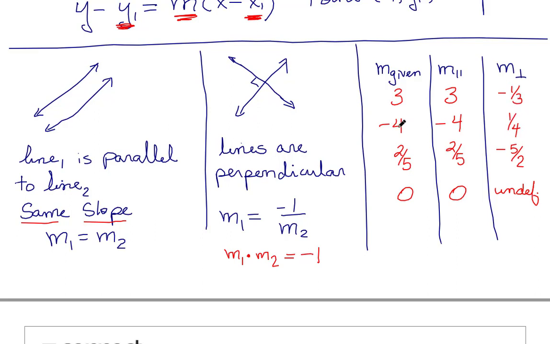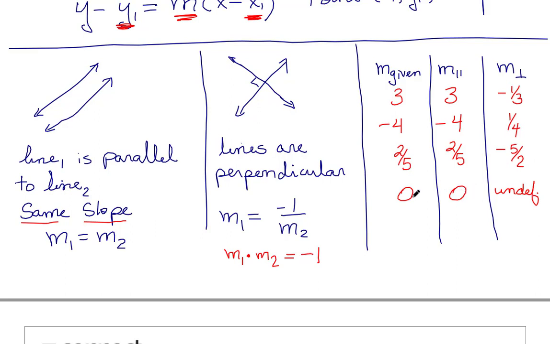If we had -4, parallel would be the same, -4. Perpendicular is the negative, so negative of a negative is a positive, and it's the reciprocal. If we had a line with a slope of 2/5, parallel is 2/5. Perpendicular, well, this is positive, it must be negative, and it's flipped over.